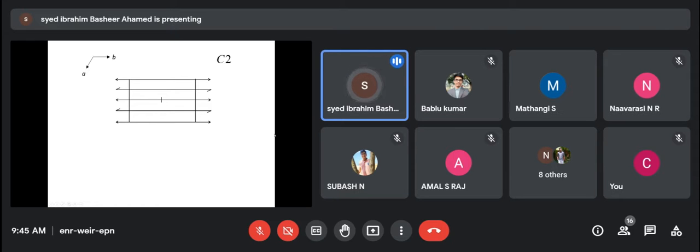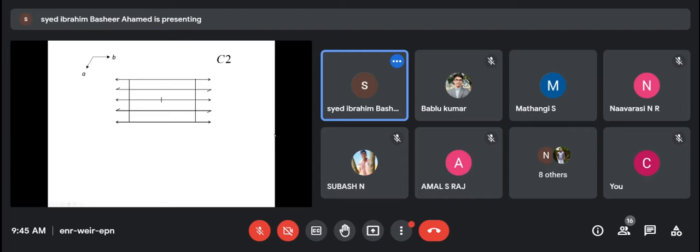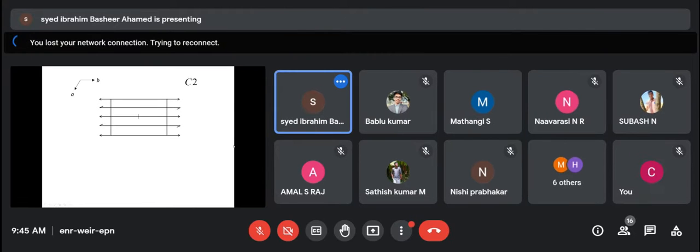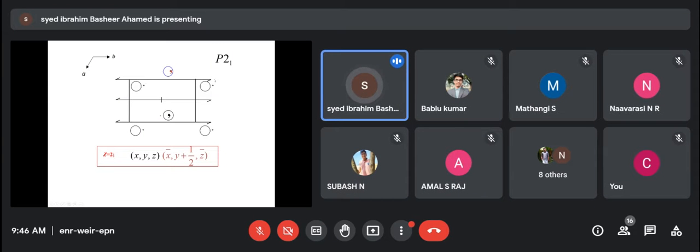We saw some examples like the body center. A half arrow indicates a screw axis.